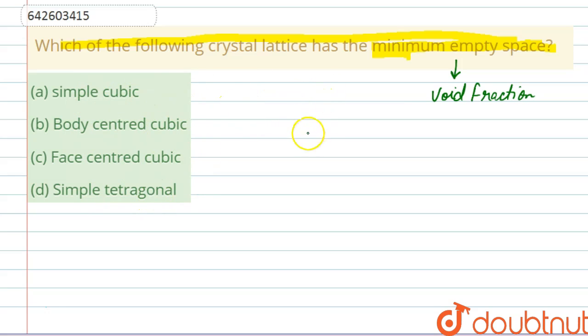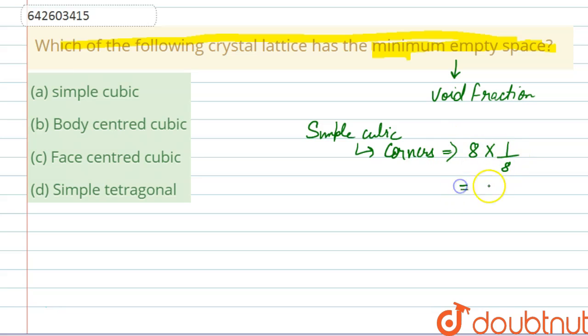Firstly, in case of simple cubic, there are atoms present at the corners. We know that there are 8 corners of the cube, so there are 8 atoms associated with the corners, and the contribution of each corner is 1 by 8. So the number of atoms per unit cell is equal to 1 in case of simple cubic.